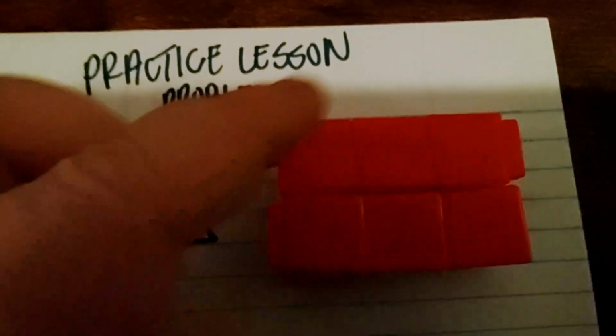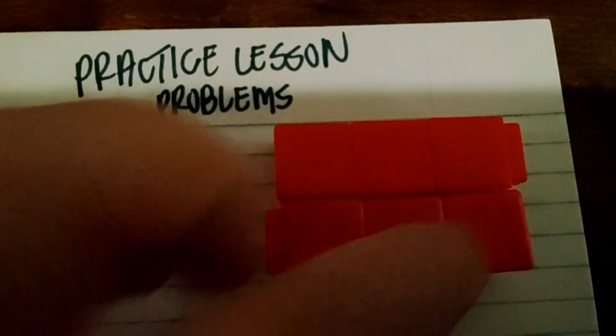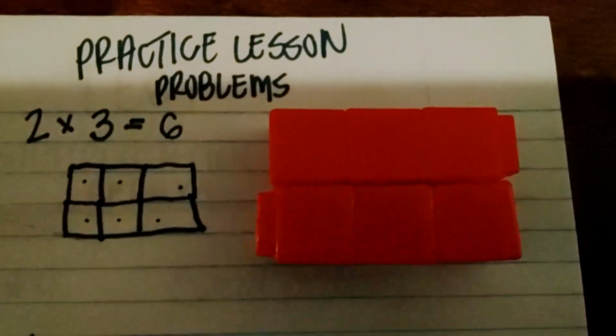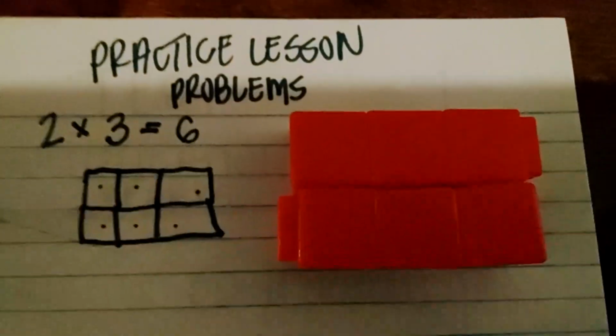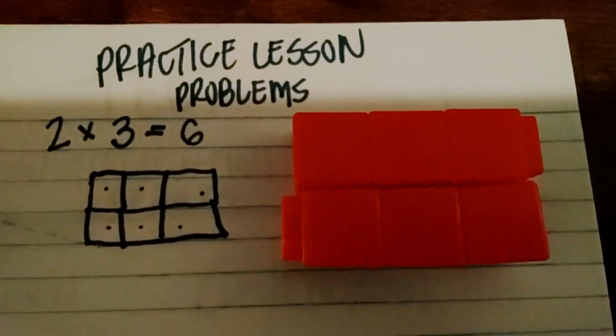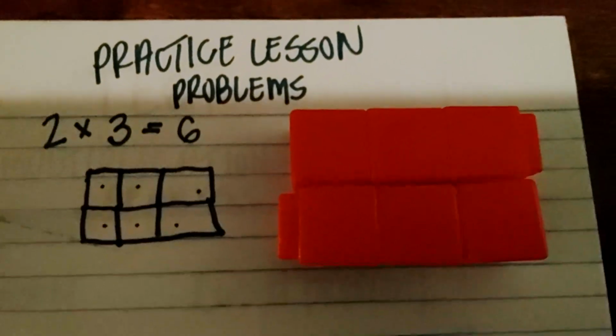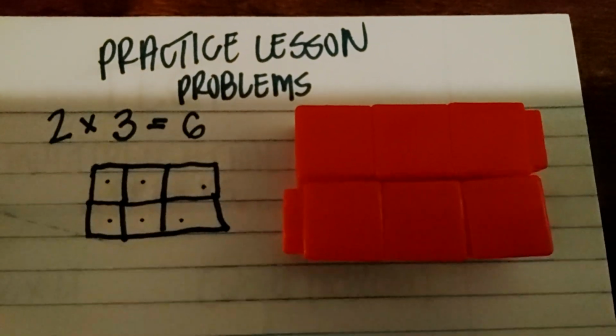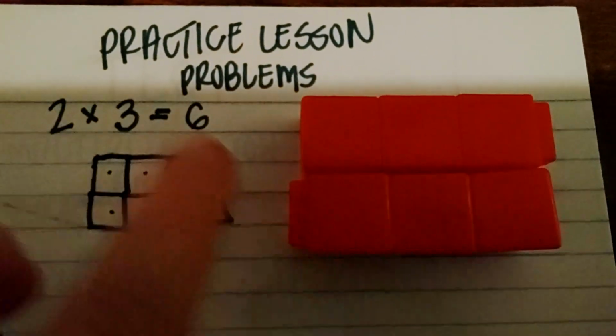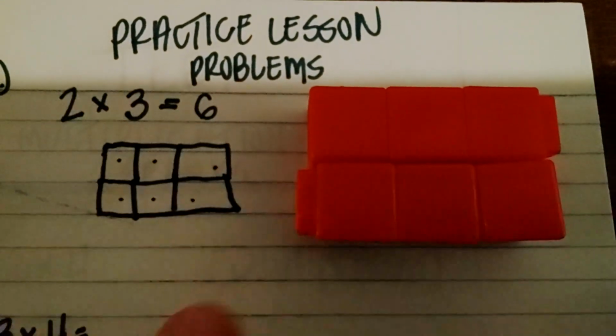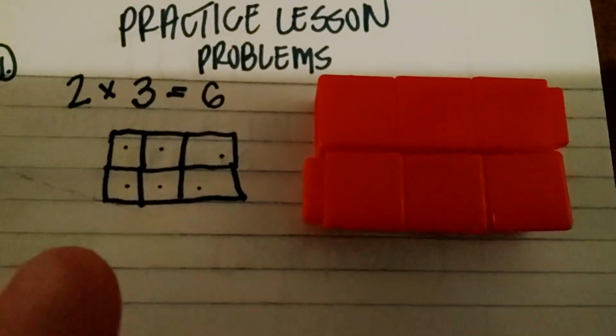Do we have our 3 columns? 1, 2, 3. Is there 6 total? 1, 2, 3, 4, 5, 6. There you go. 2 times 3 equals 6 using an array. Okay, make sure you have this down in your journal to go back in and look.